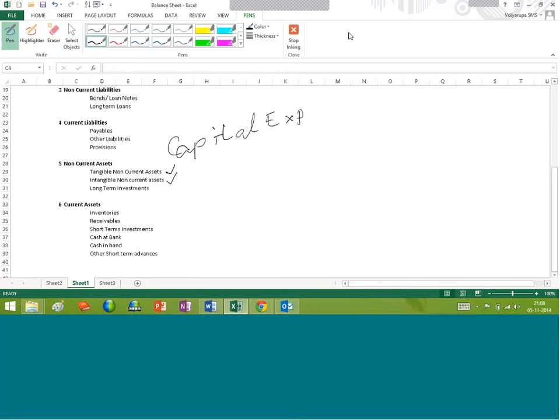There is no long-term impact. In the case of capital expenditure, we feel the benefits over a longer period of time. So tangible and intangible non-current assets can be referred to as capital expenditure, which is brought to the balance sheet.